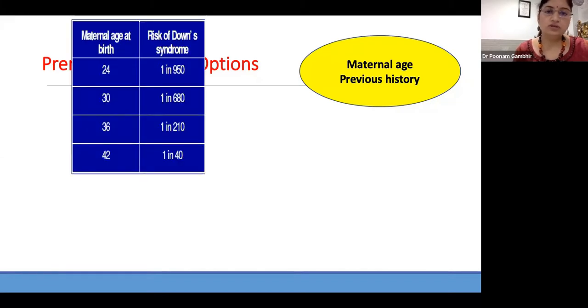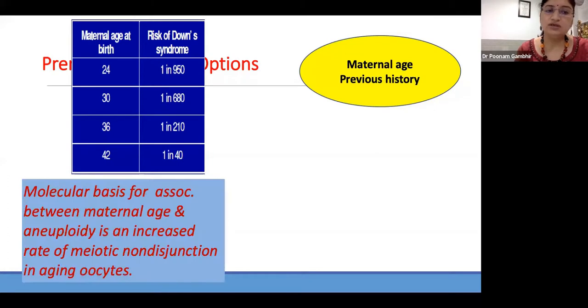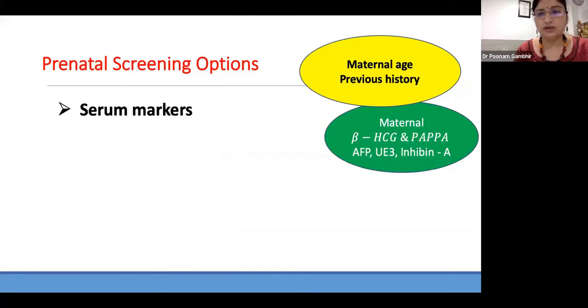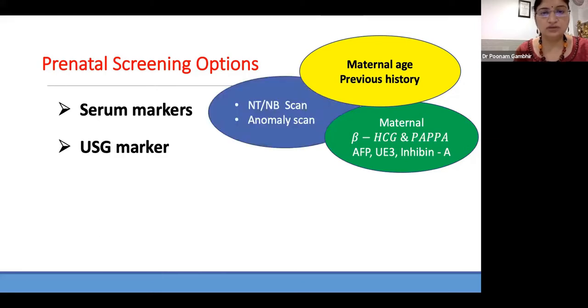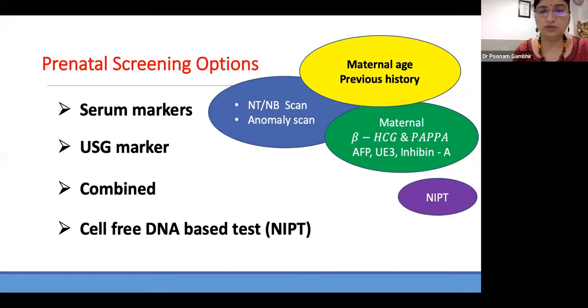Age: we all know that with increasing maternal age, the risk of having a Down syndrome child increases, and the basis for this is the increased rate of meiotic non-disjunction in the aging oocytes. The second screening option is the serum markers, with different serum markers in the first and second trimesters. We have ultrasound markers in the form of NT/NB scans and anomaly scans, and then a combination of both serum and ultrasound markers.